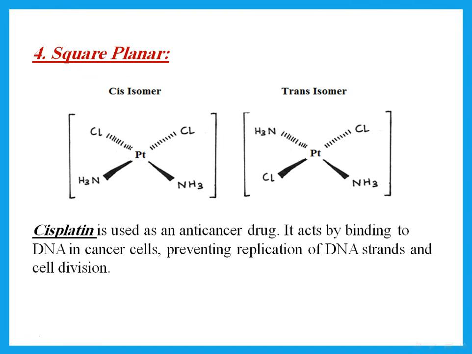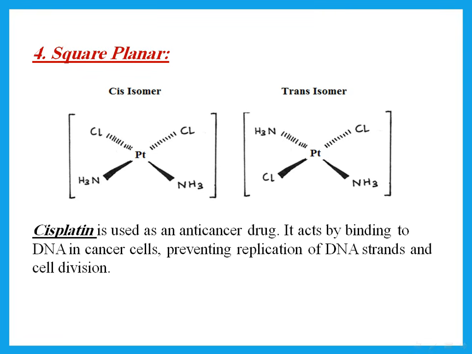So cisplatin and transplatin, these are complexes between platinum and 2 chloride ions and 2 ammonia. Now, they can be arranged so that the chloride ions are next to each other, so that's the cis, or the chlorides are opposite to each other, so that is the trans. Now, the importance of this complex is that the cisplatin is used as an anti-cancer drug.